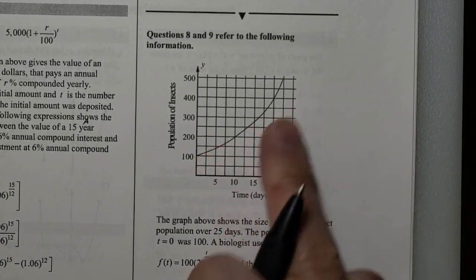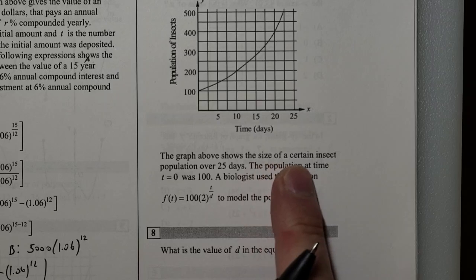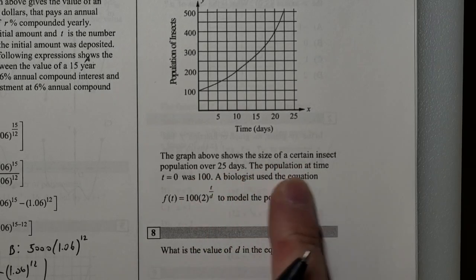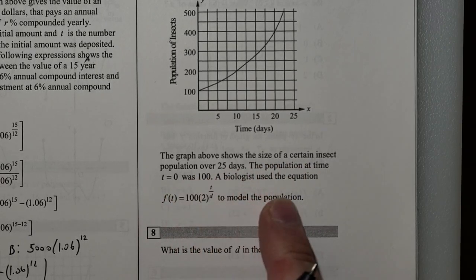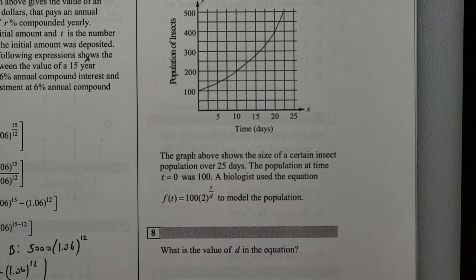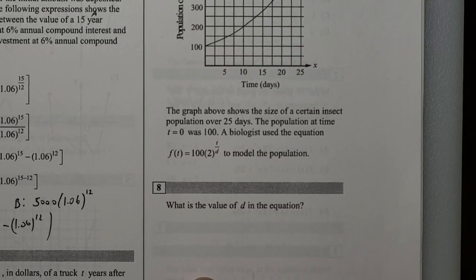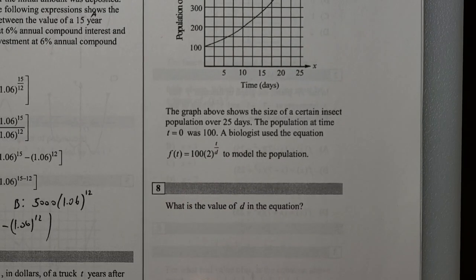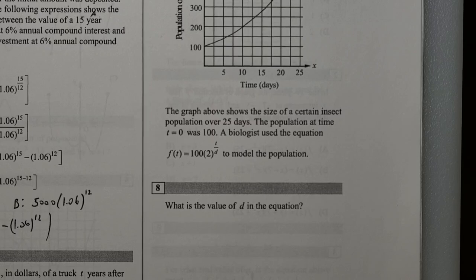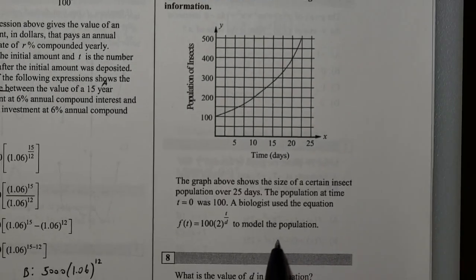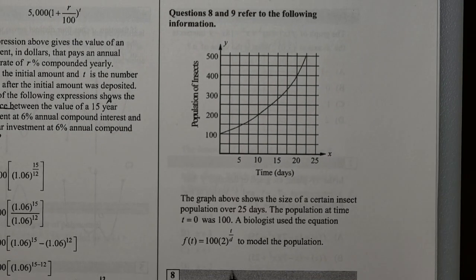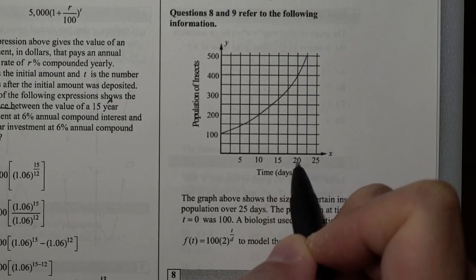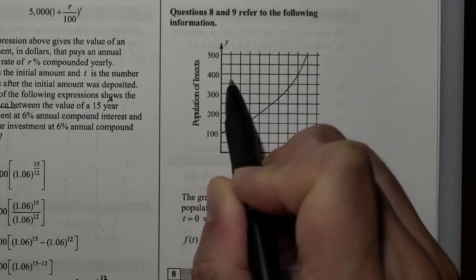A and 9 refer to this function, the graph above, population in 25 days, population at T equals 0 is 100. This is the exponential model. What is the value of D in the equation? Okay, so let's just pick another point that's probably nice to use. For example, at 20, it's at 400.